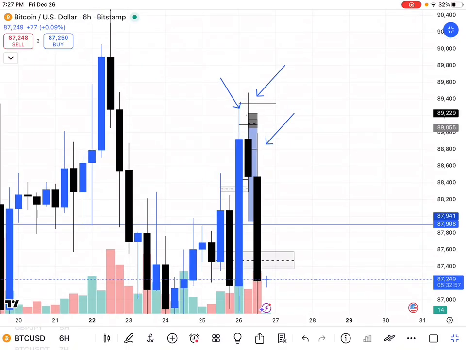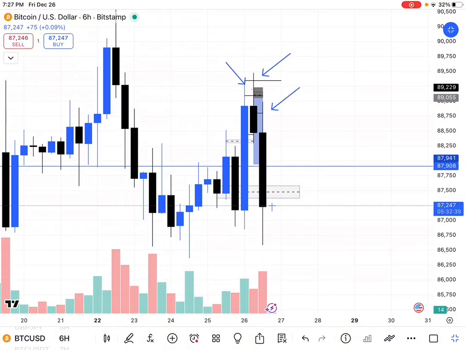If this candle should close bullish, it's not going to be a trade. I can't take the trade again. The trade is not going to be active anymore. So if this second candle, which is the manipulation candle, should close bullish above this candle, that means the trade is invalid.